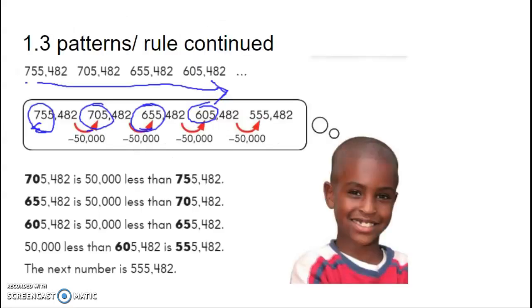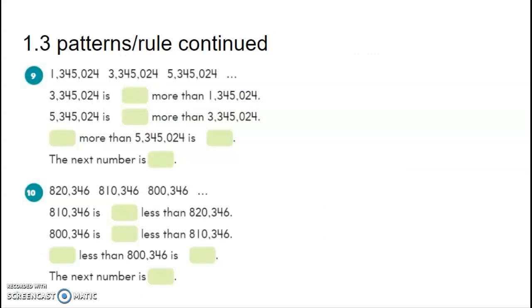So as we're changing, it's 50,000 less than the one before. So I know for the last one, if I just subtract another 50,000, that will tell me what the next number is. Okay?